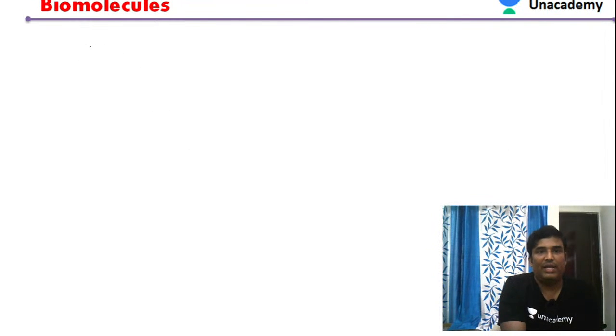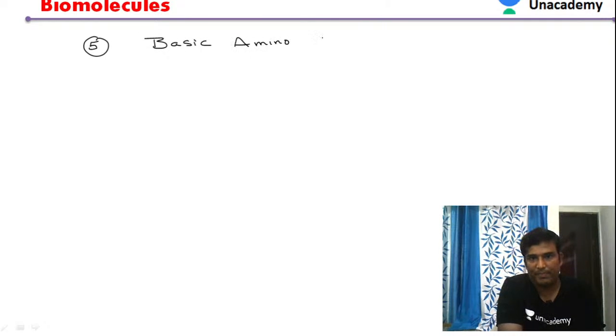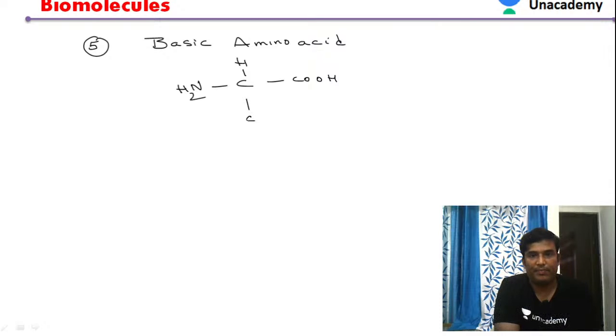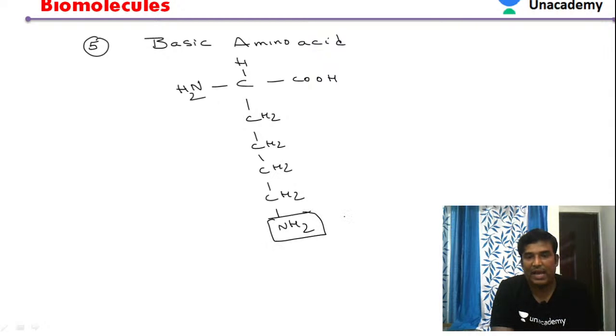Let us see another amino acid group, the basic amino acids. If you see the structure, you can see an additional amine group.